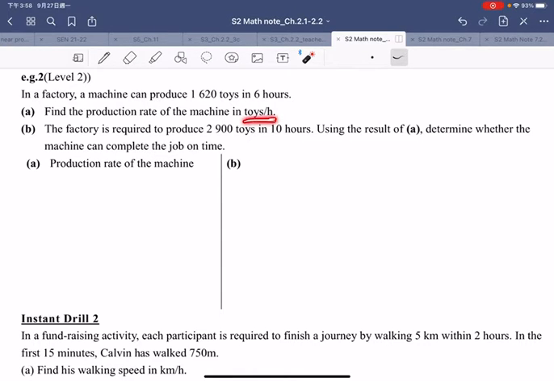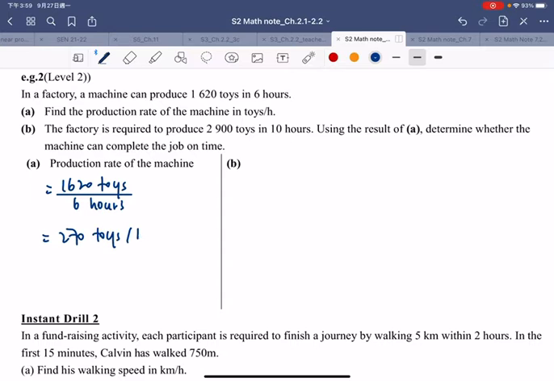So toys per hour, that means number of toys divided by the number of hours. So it's simply 1,620 toys over 6 hours. So that is 270 toys per hour.